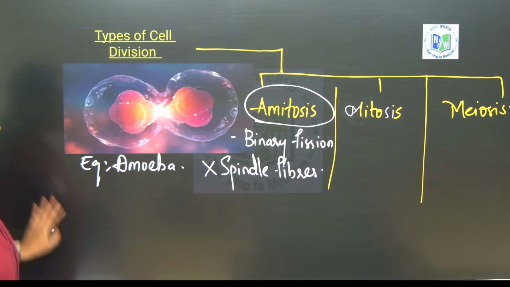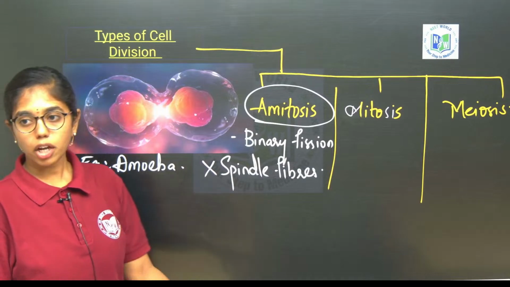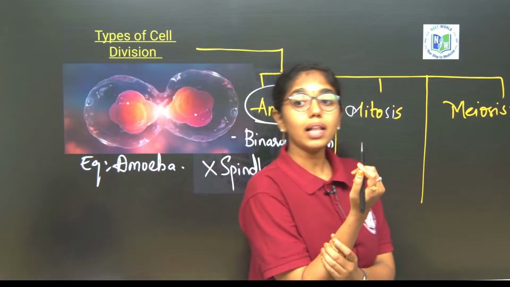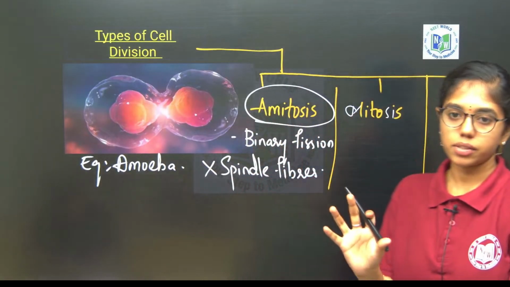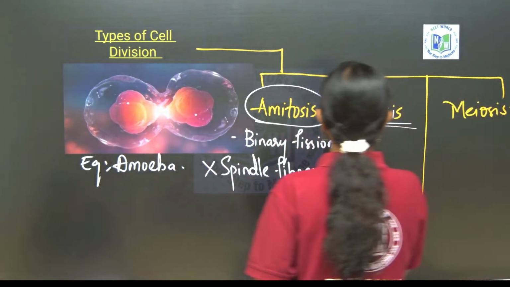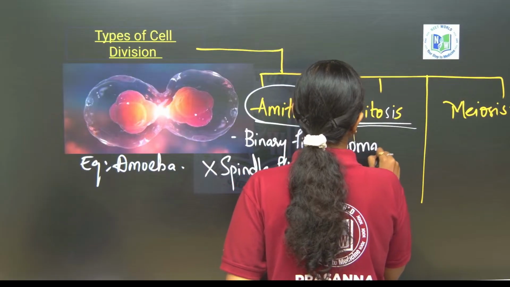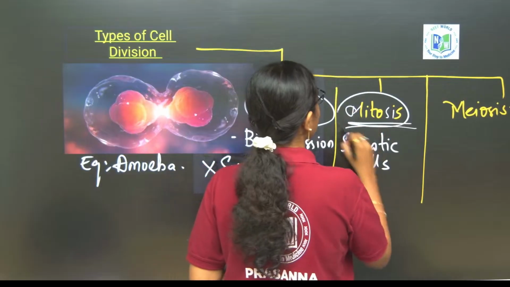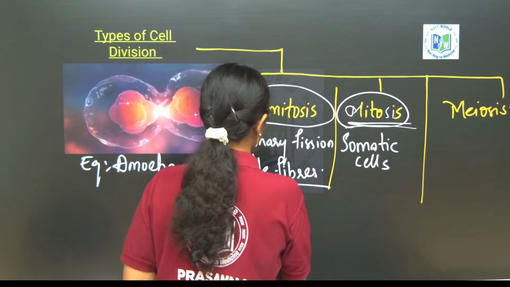Next is mitosis. Mitosis we are going to exercise now. Mitosis occurs in all the somatic cells, and mitosis is also called as equational cell division.